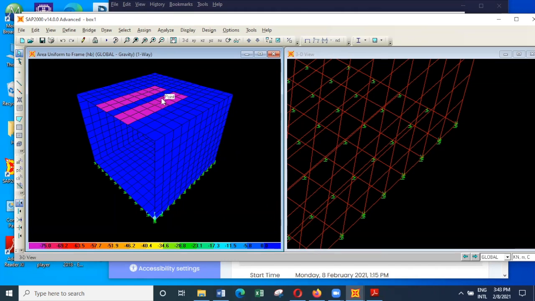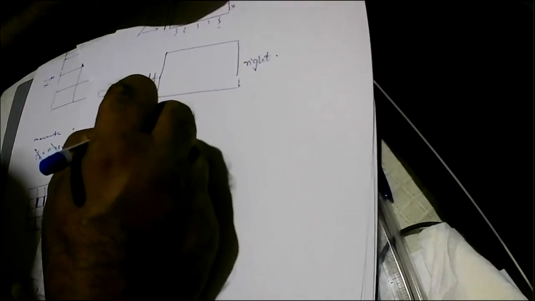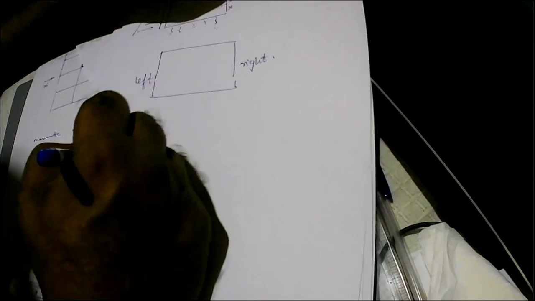Then there's a small theory that will help us to find where to apply. So we'll have a quick look at that. What happens is we have this HB loading, that is highway B type loading, acting over 1 meter width.